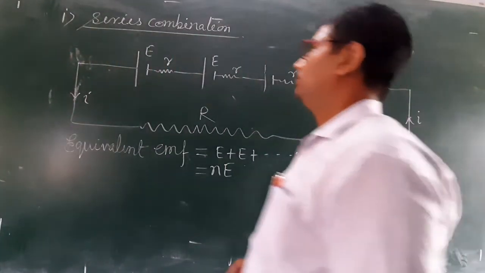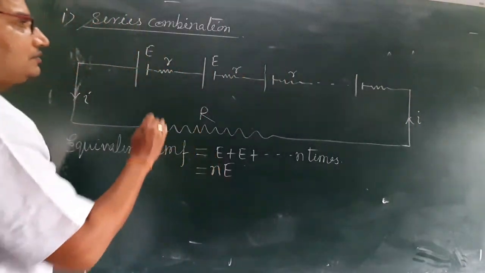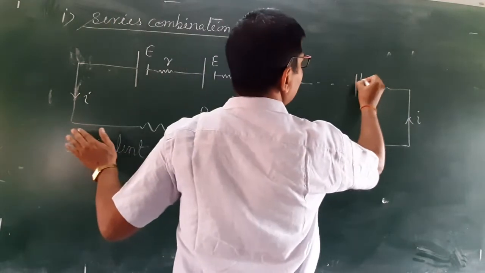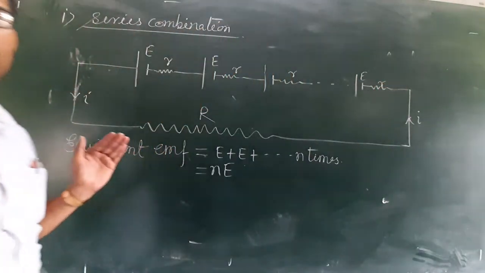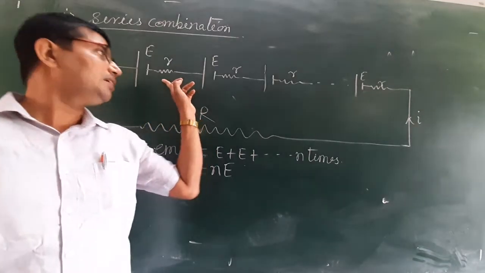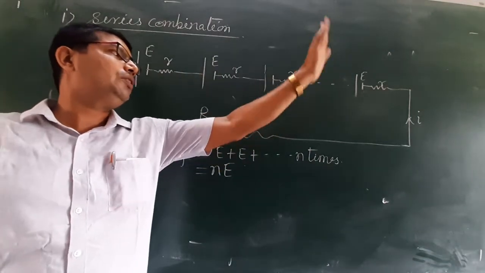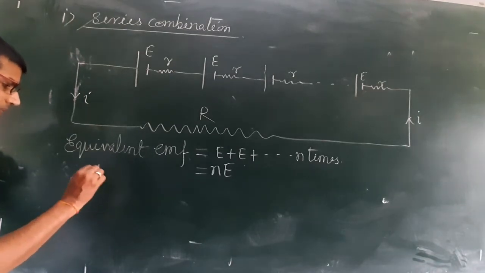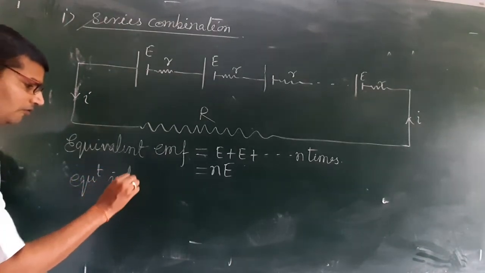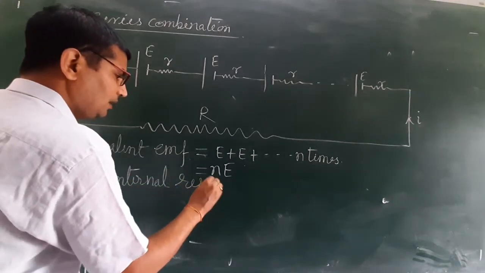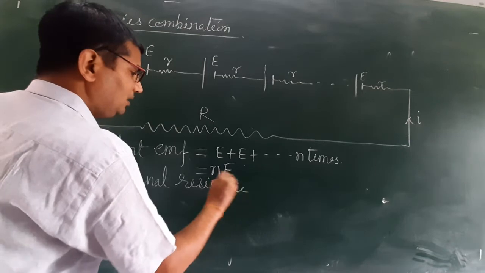And what about the equivalent internal resistance? You are seeing that all the resistances are connected in series. So the series equivalent resistance is R1 plus R2 plus R3 plus up to Rn. What will be the value of the equivalent internal resistance?